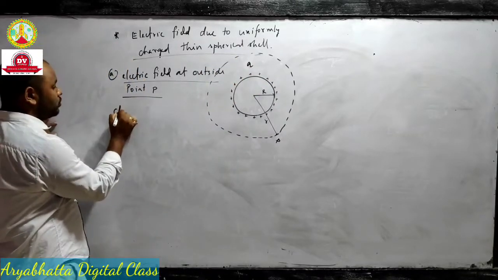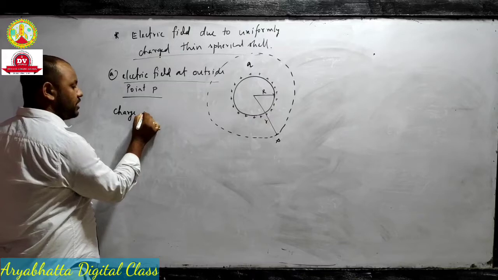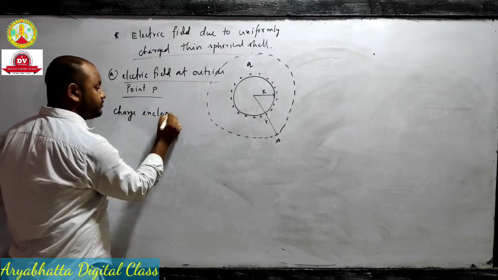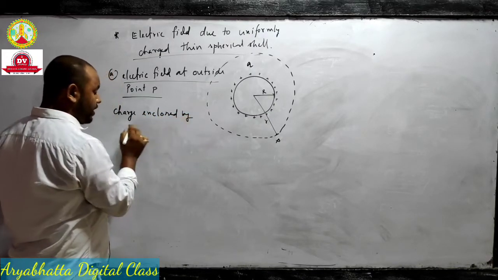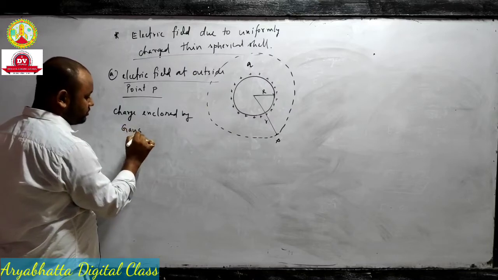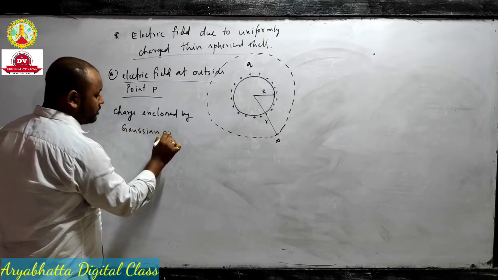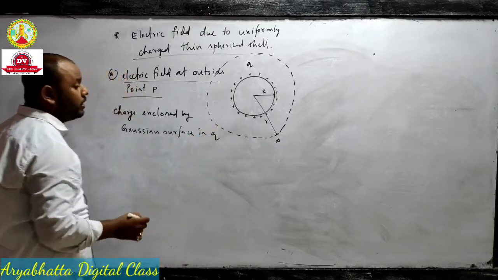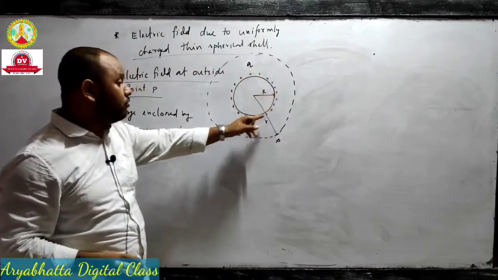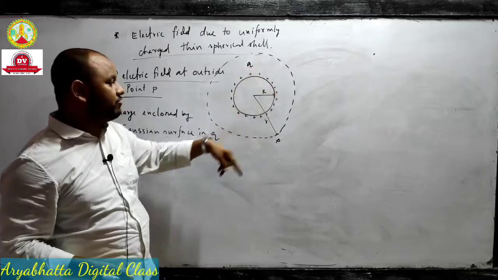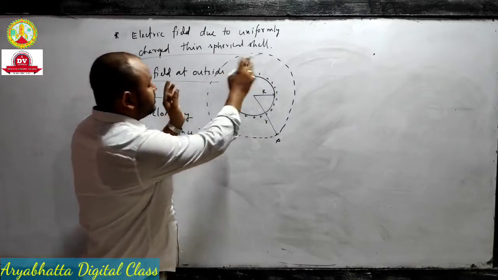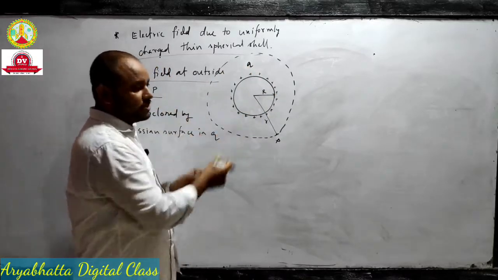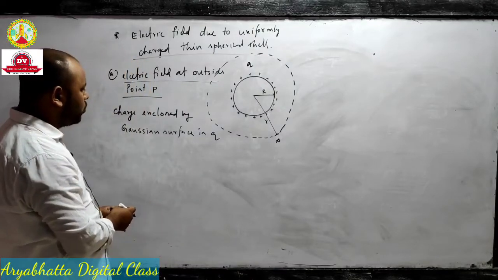The charge enclosed by the Gaussian surface is Q. Here Q charges are uniformly distributed over the surface, and this Gaussian surface will enclose the whole charge.